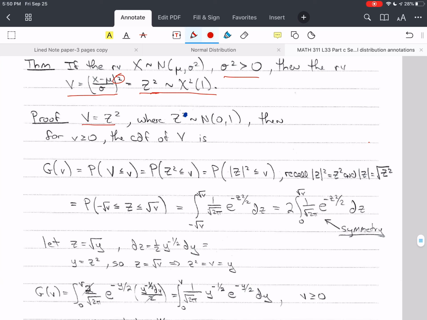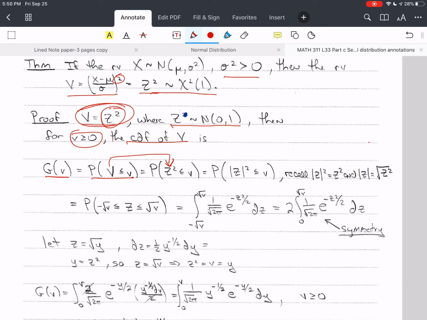We're going to set V equal to Z squared, where Z is a standard normal distribution. Since V is Z squared, V has to be positive. The CDF of V is going to be given, let's say, G of v, the probability that V is less than little v. Then we substitute in for V, which is Z squared, less than v.